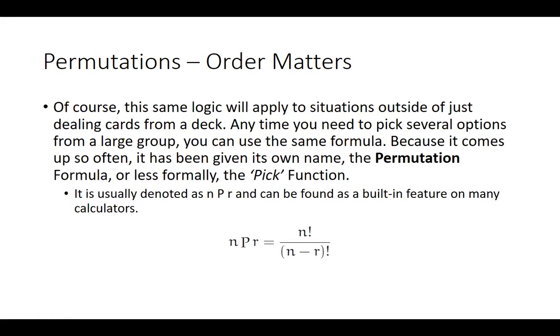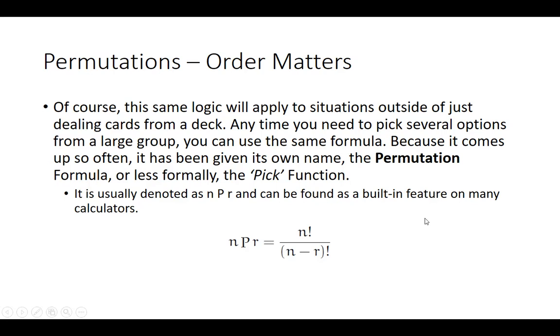Of course, this same logic will apply to situations outside of just dealing cards from a deck. Anytime you need to pick several options from a large group, you can use the same formula. Because it comes up so often, it has been given its own name, the permutation formula, or less formally, the pick function. It is usually denoted as nPr and can be found as a built-in feature on many calculators, including the suggested calculator for this course.